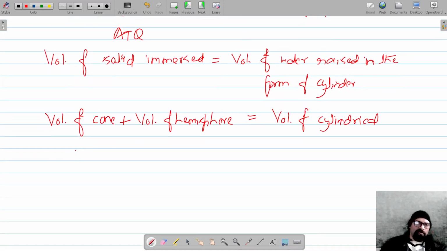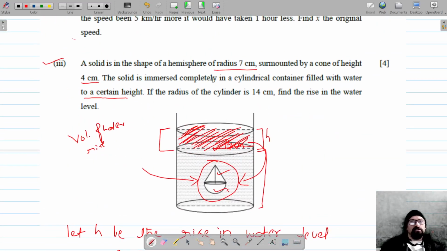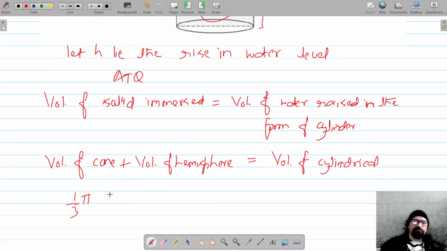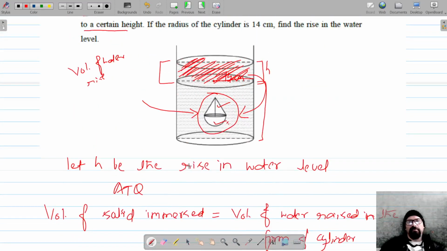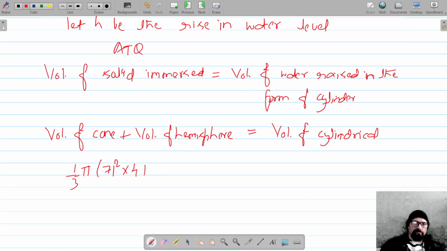Okay, so volume of cone is 1 by 3 pi r square, and the radius of the cone and the hemisphere is the same, which is 7 centimeter. So 1 by 3 pi 7 square into height of the cone, which is 4 centimeter, plus volume of hemisphere, which is 2 by 3 pi r cube.